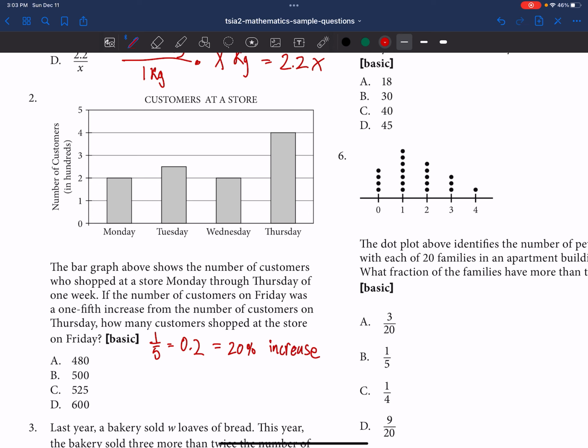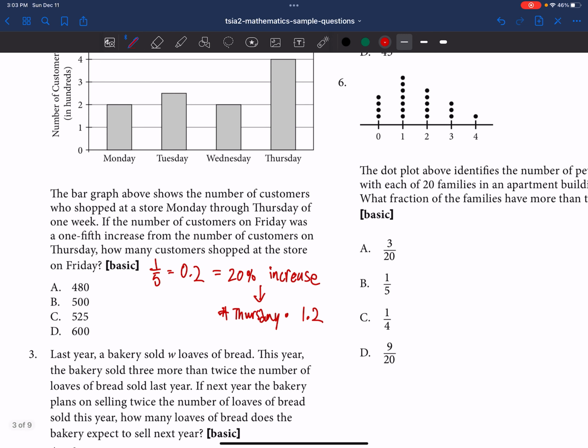Increase. A 20% increase: to do that, you multiply the original by 0.2 and you add it to whatever you had before. So essentially, you're going to multiply the number on Thursday times 1.2.